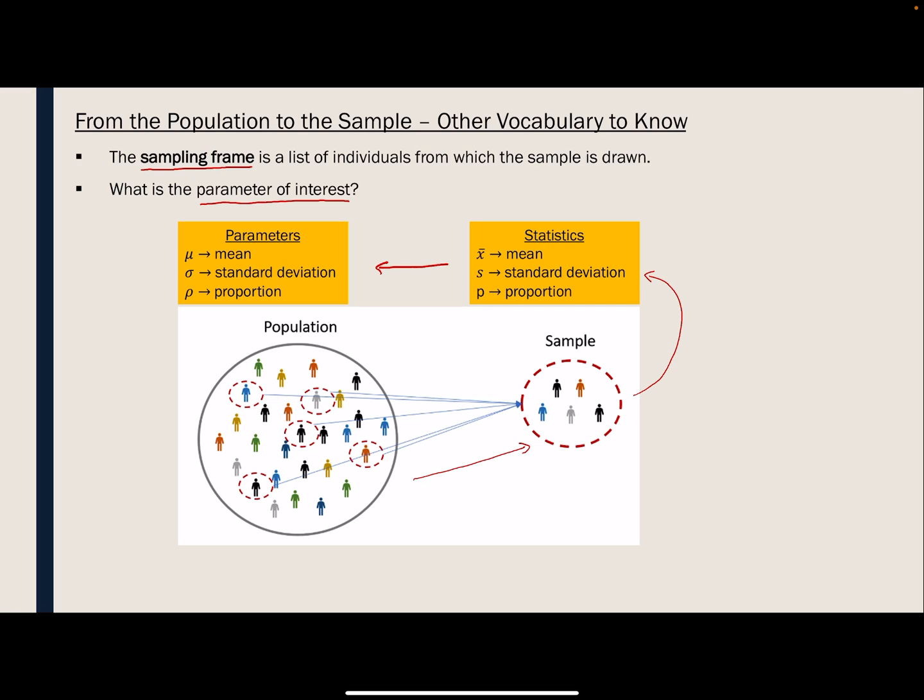Those population measurements are called the parameters. So when we say, what is the parameter of interest, we're saying, what is the measurement that we're trying to make an inference about with this sample? And keep in mind that measurements are things like the mean, the standard deviation, the proportion, the median, something like that.